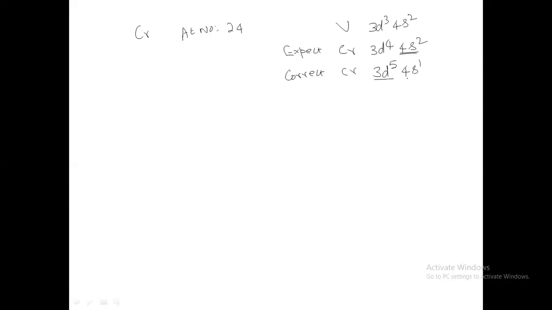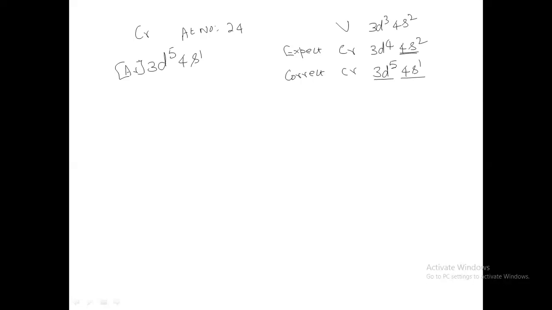Now the d orbital is half filled and the s orbital is half filled, so both orbitals are half filled. Hence the stability is higher than that of the expected configuration. So the correct electron configuration for chromium is 3d5 4s1, that is, argon 3d5 4s1, to attain stability.